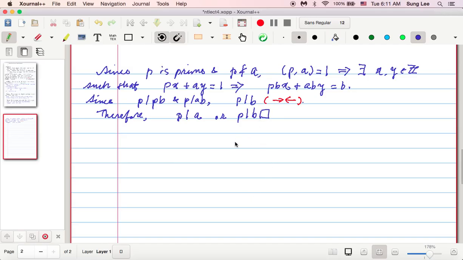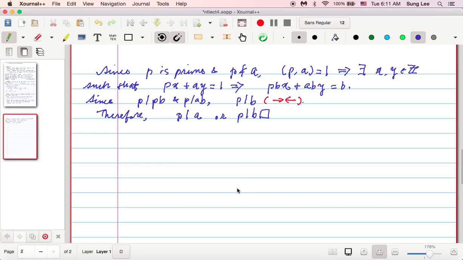In fact, in this case, there is essentially the same proof, but you can write the proof in a different way. What we just did is proving the theorem indirectly using contradiction.